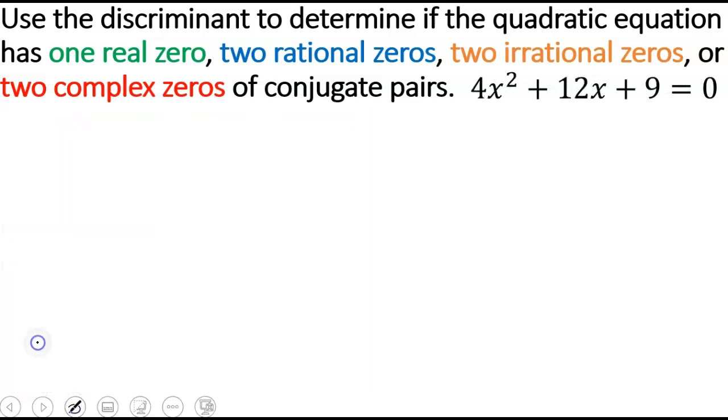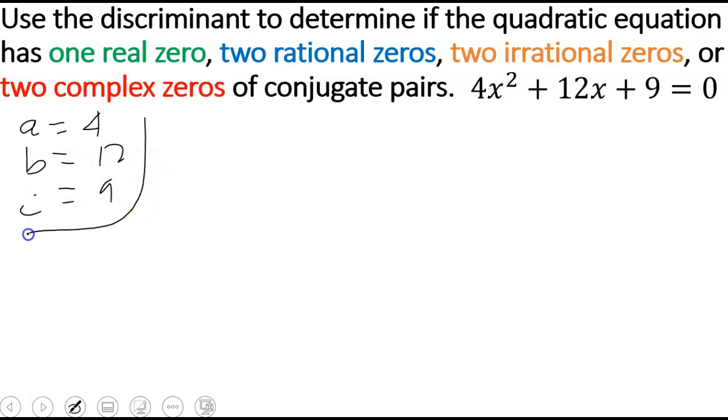Alright, last one. Let's finish that. A equals 4, B is 12, C is 9. So the discriminant is B squared minus 4AC.